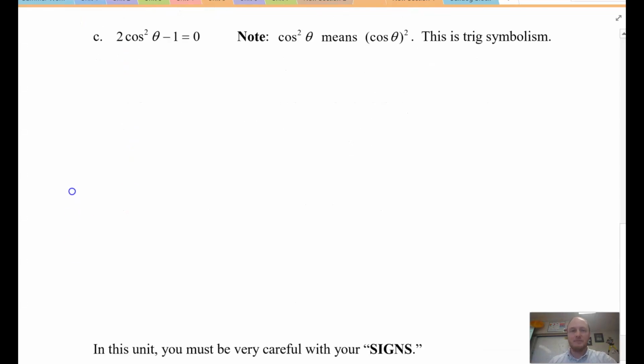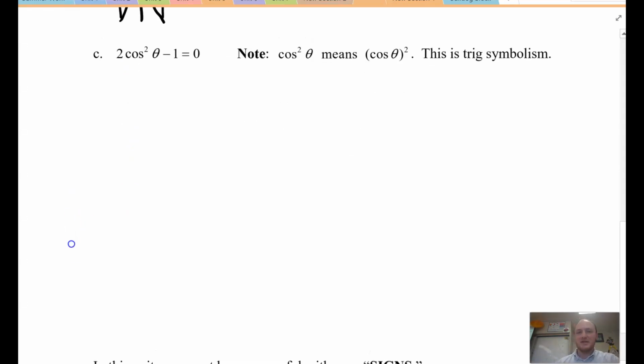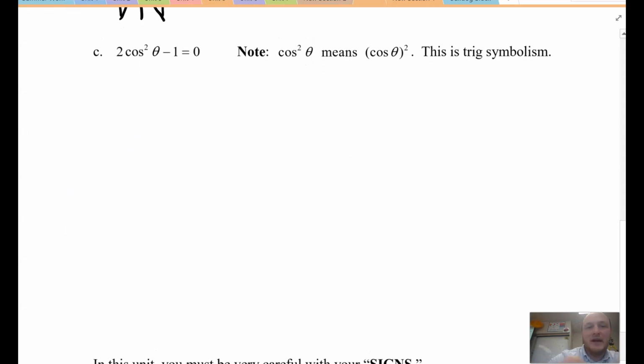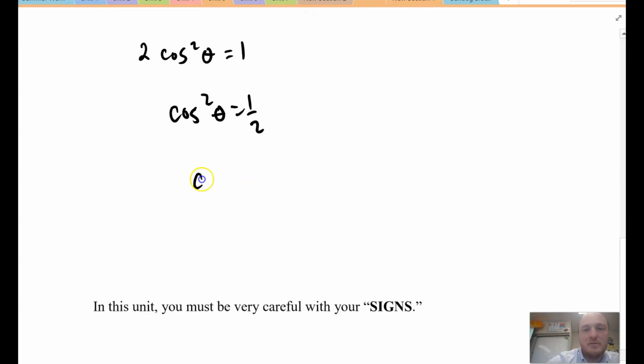All right, last one. Here, part C, it says to solve this equation. This one is pretty straightforward. I'll add 1 to both sides, divide by 2 on both sides, and then take the square root of both sides. Cosine of theta is 1 over root 2, and that's root 2 over 2.